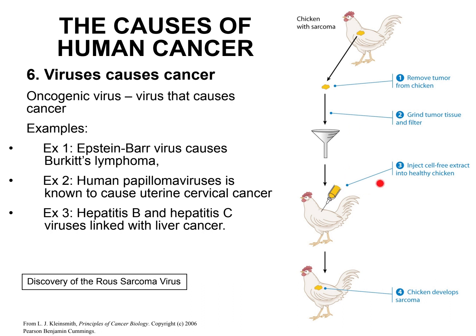This would not contain the cells from the tumor. It's only the juicy, liquidy part, so a cell-free extract. Then they injected it into a healthy chicken to see if there is some property, not the cell, but something else that can transmit the ability to develop this tumor. They injected it into a healthy chicken and it developed a sarcoma.